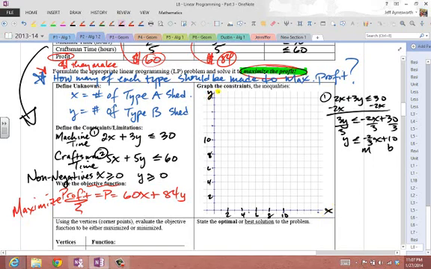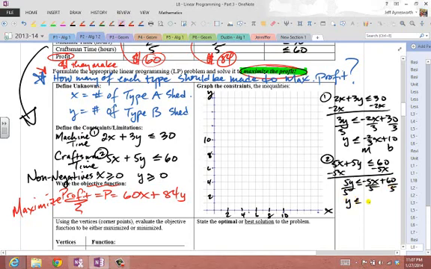This is the y-axis. Now my second equation is 5x plus 5y is less than or equal to 60. I have to subtract 5x. There are a couple of different ways you can do this. One way is to isolate y and get slope-intercept form, and to do that you have to divide by 5 afterwards.